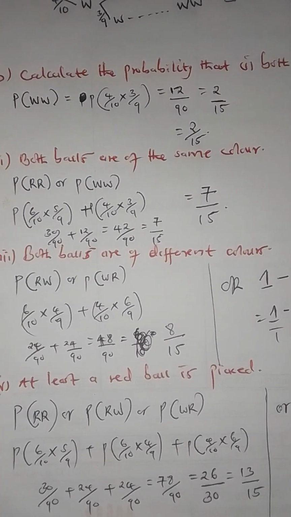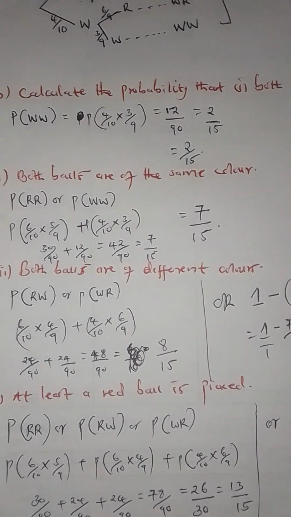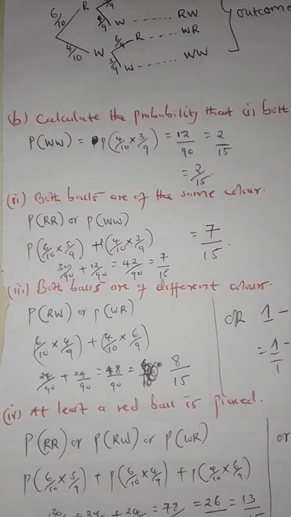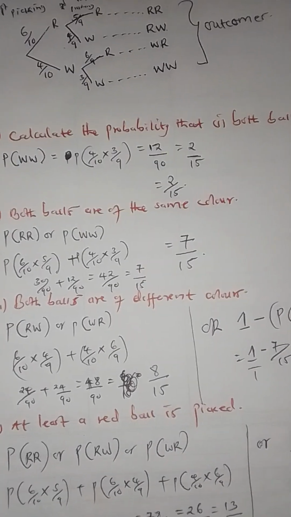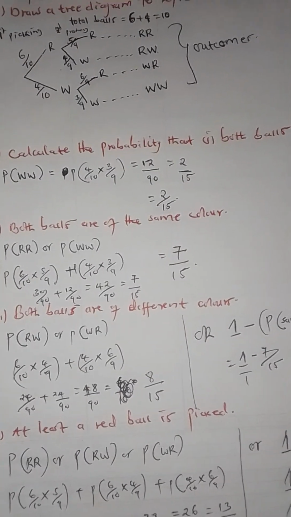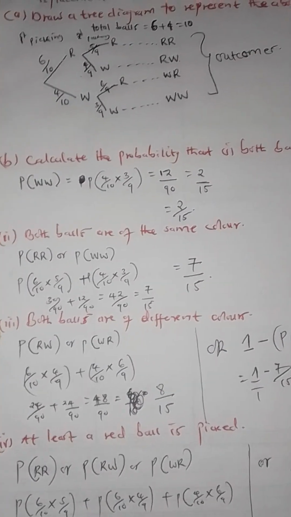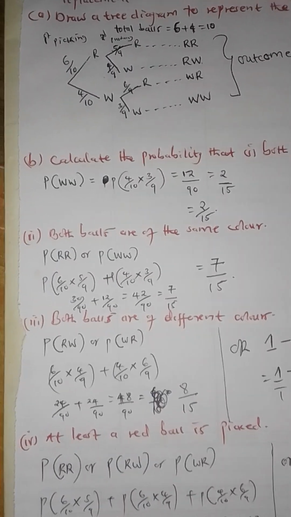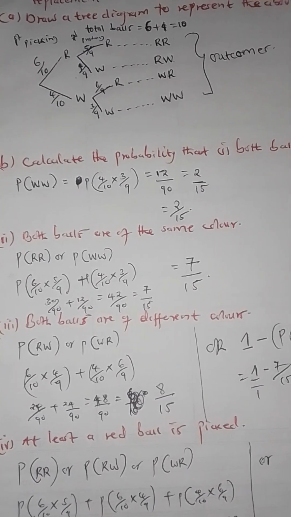Question Roman 3. Both balls are of different colors. So we need to find the probability that both balls are of different colors. In Roman 2, we found the probability of picking the balls of the same color.